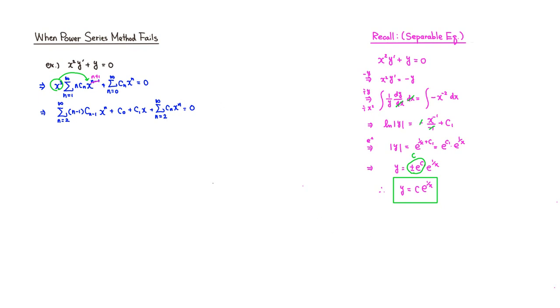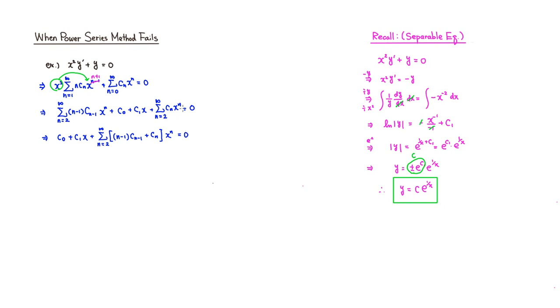Then I'm going to put these summations together. We get C0 plus C1 x plus the summation from n equals 2 to infinity of n minus 1 times Cn minus 1 plus Cn, with x to the n pulled outside, equal to 0.